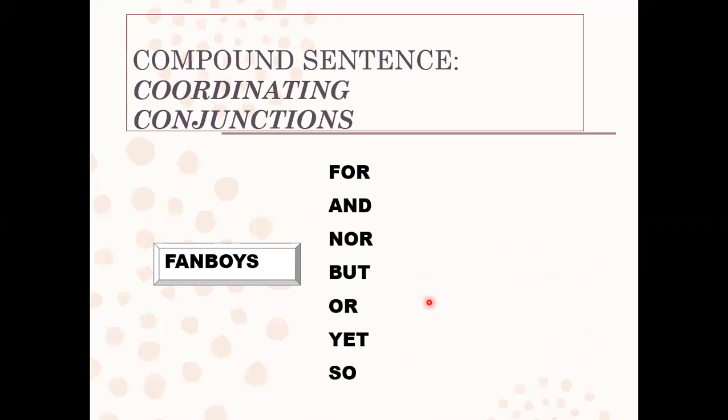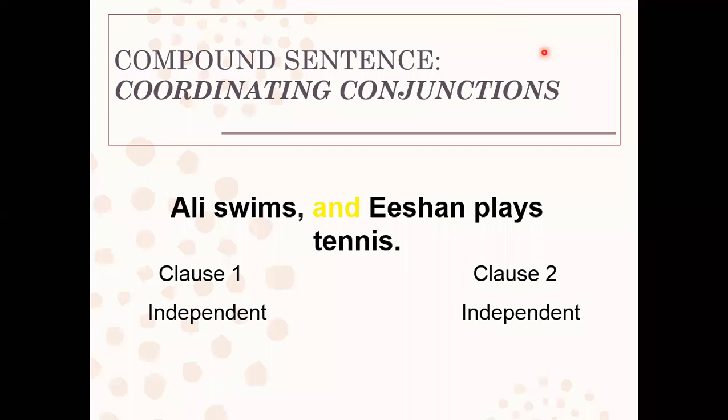When we talk about the coordinating conjunctions, we already discussed FANBOYS: for, and, nor, but, or, yet, so. These words are used as coordinating conjunctions. A compound sentence will use any coordinating conjunction. You will have to give an example of that.